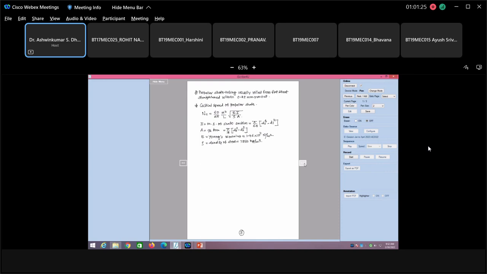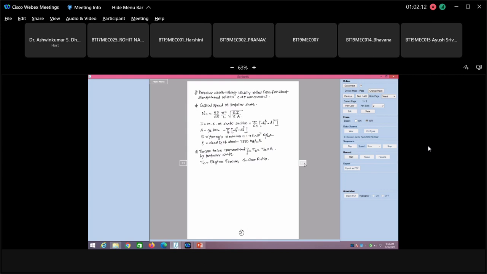Now torque to be transmitted by propeller shaft can be given as TT equals TE multiplied by G, where TE is your engine torque, and G is gear ratio.